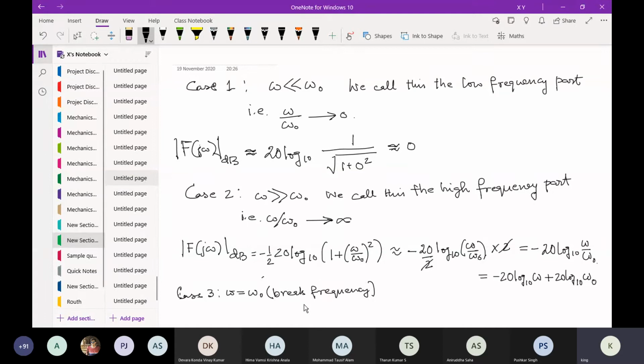So what does that become? Twenty log to the base 10, 1 plus 1 square under root, so 1 by root 2.